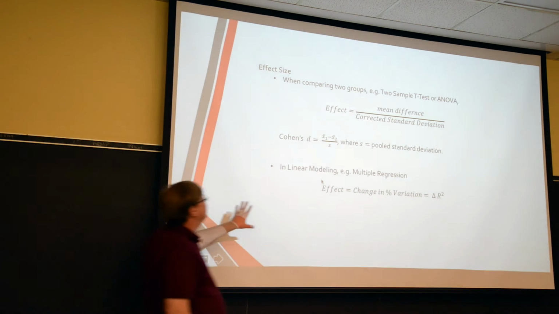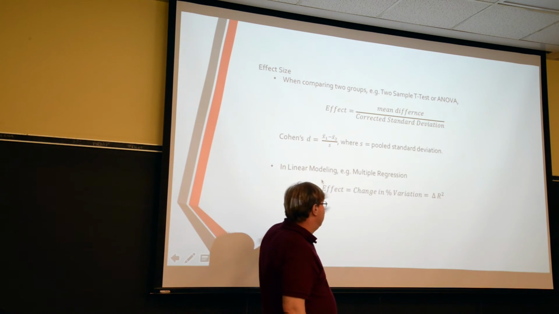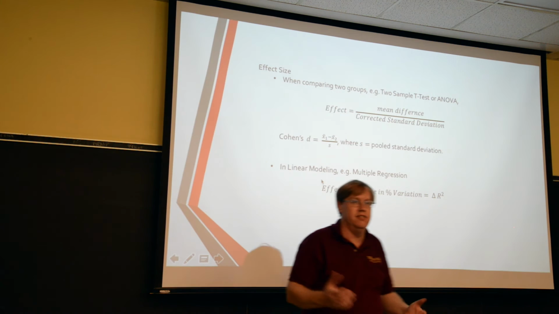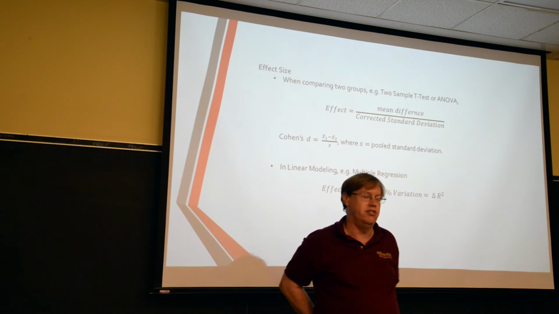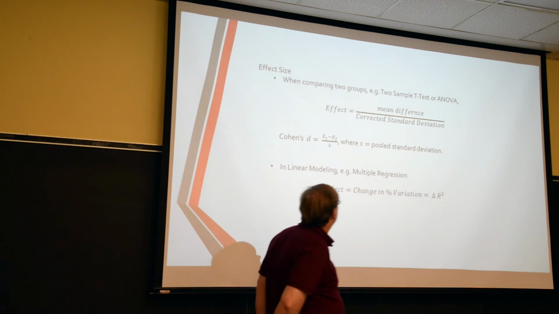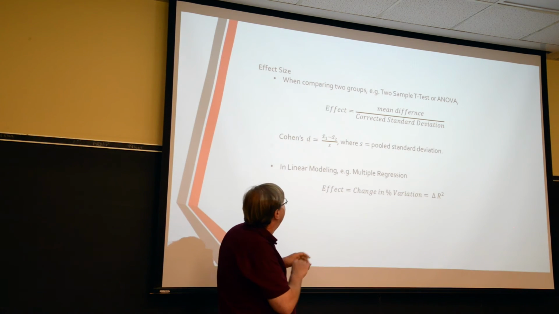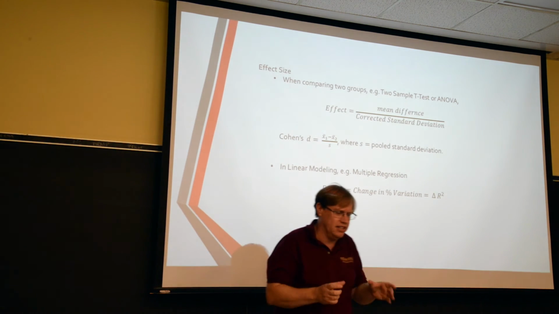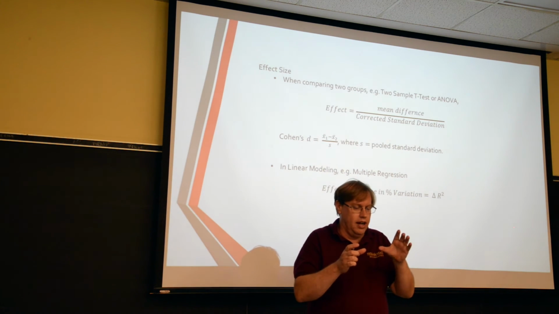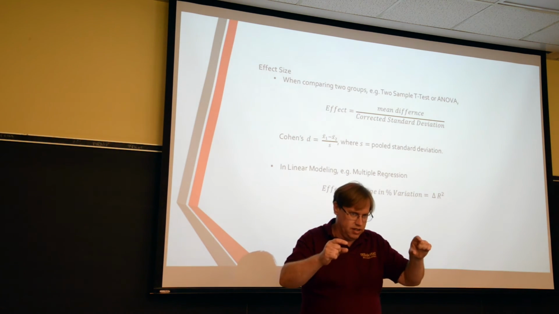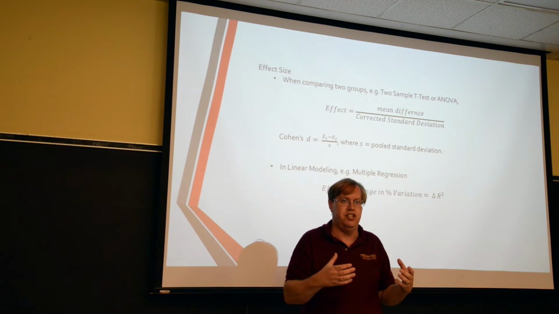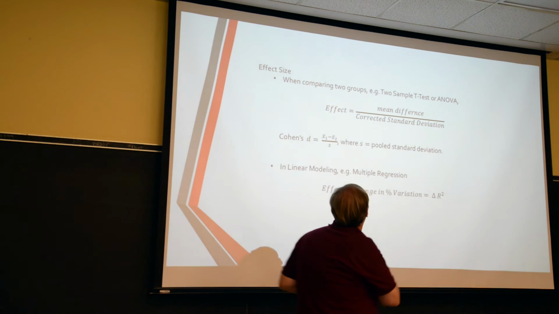The last thing that is often recommended, especially in educational and sociological studies, is to report the effect size. The effect size says how big a difference there was in some standard-ish units.